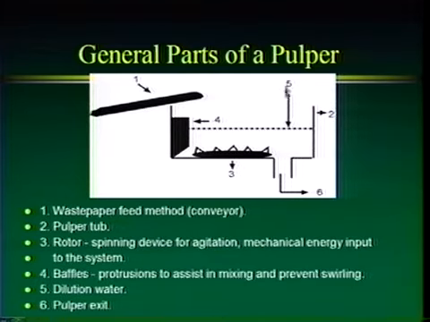So we've got to have a way to get our dilution water into our pulper, and also we need to have a place to add chemicals, not shown here. The sixth item is the pulper exit. The pulper exit looks pretty simple, but actually pulper exits can be pretty complicated. As I said before, in many cases we need to have some kind of barrier screen here so that unpulped material remains in the pulper and pulped material can proceed on in the process.